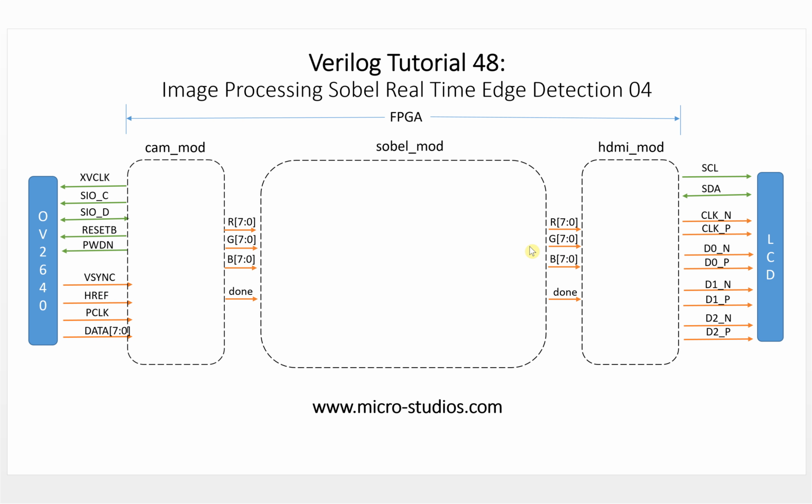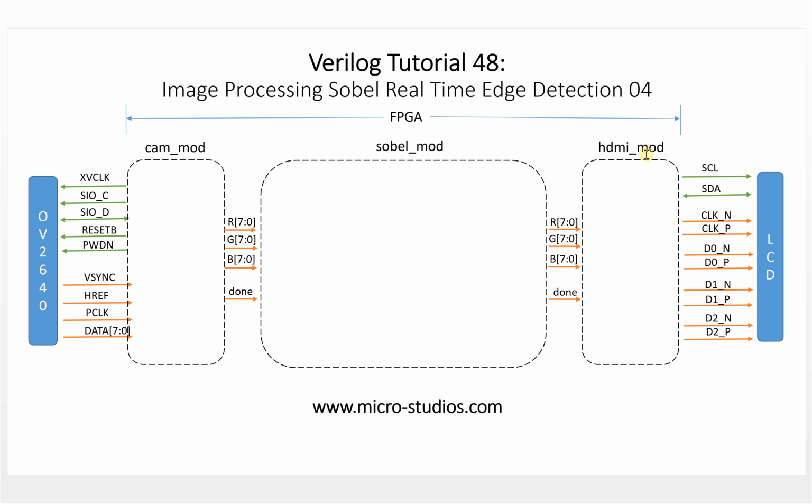When the Sobel module generates one pixel of RGB data after the Sobel algorithm, it also generates one done signal for the HDMI module.